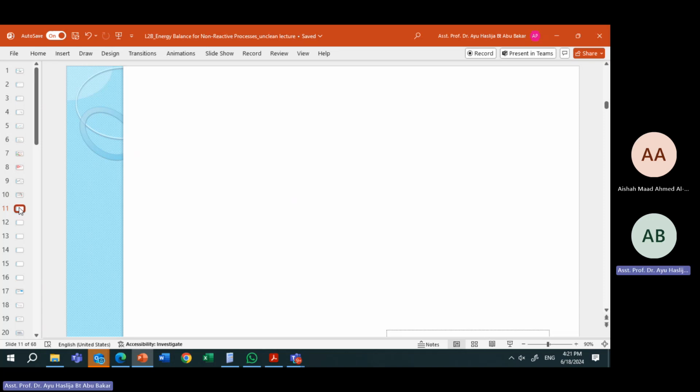Okay, now change temperature, phase still remains. From here to change phase, liquid to vapor, here it involves the heat of vaporization.